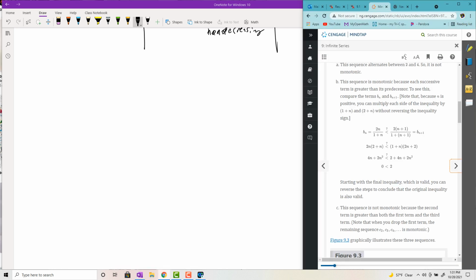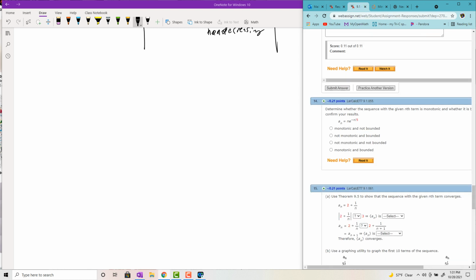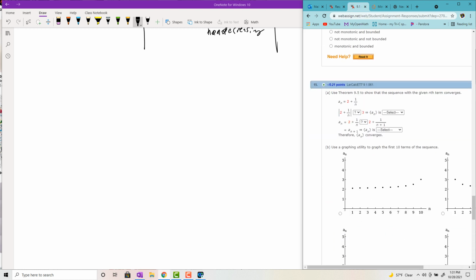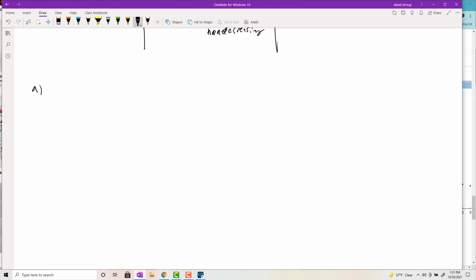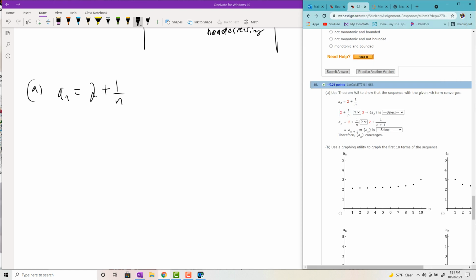The first example I want to look at, maybe I can find one in the homework here. Sure: 2 plus 1 over n. A sub n equals 2 plus 1 over n. We want to show that the sequence converges, and they're doing a little bit of the inequality work here.